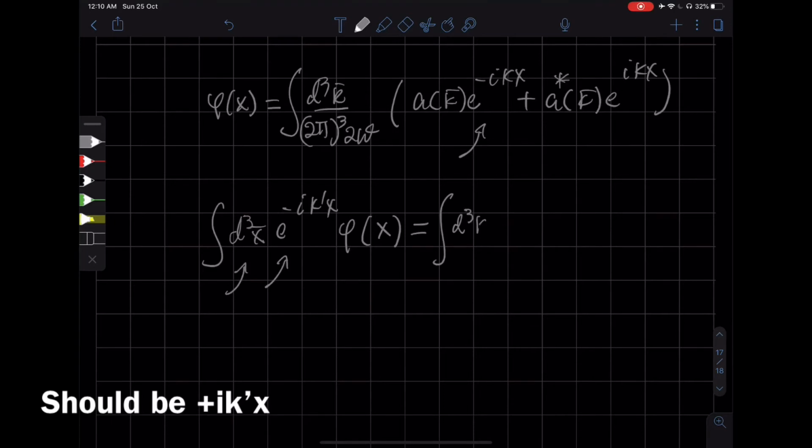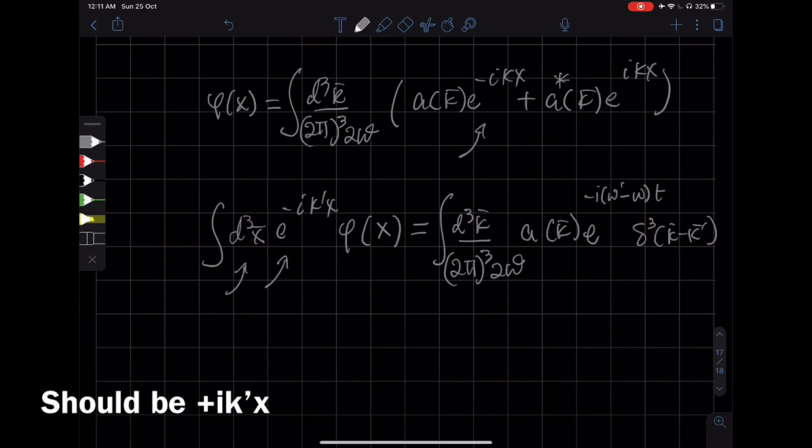So let's write that. We have d cubed k over (2 pi) cubed, 2 omega, and here we have a of k, where omega is assumed to be omega k, and then e to the power minus i (omega prime minus omega) t, and then we have a delta function of k minus k prime.